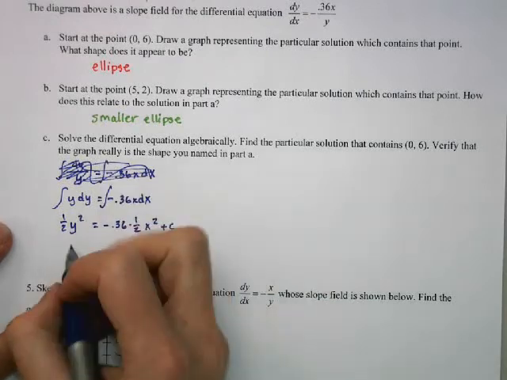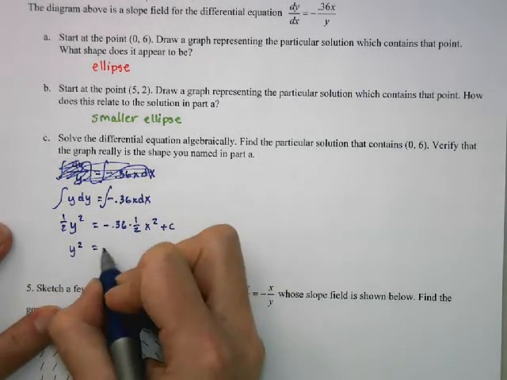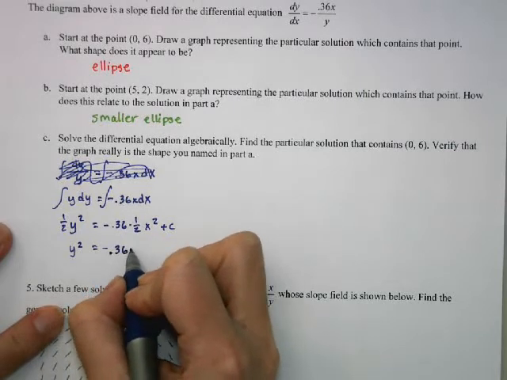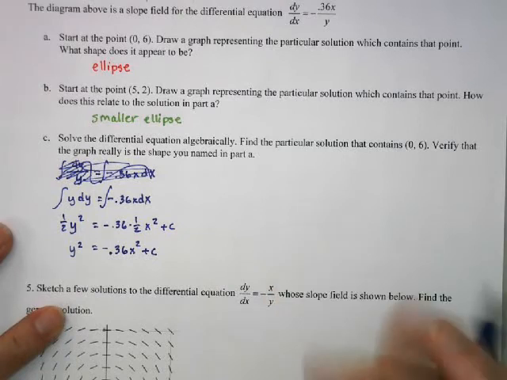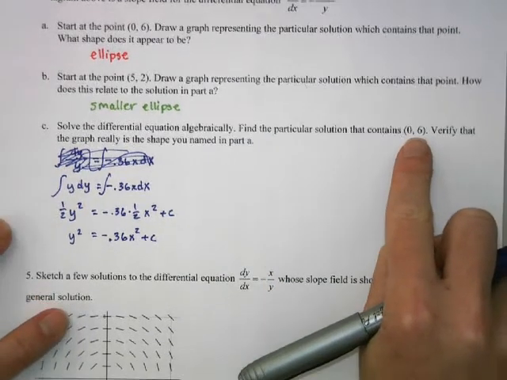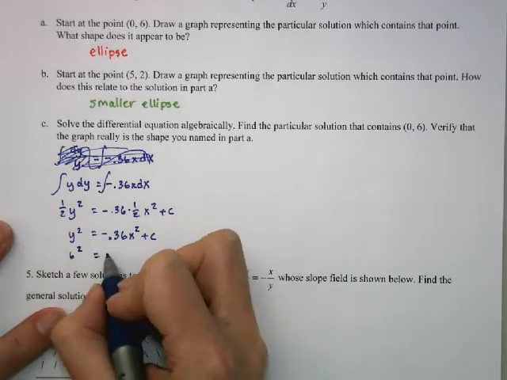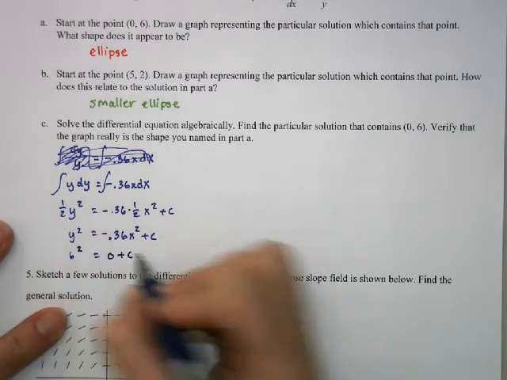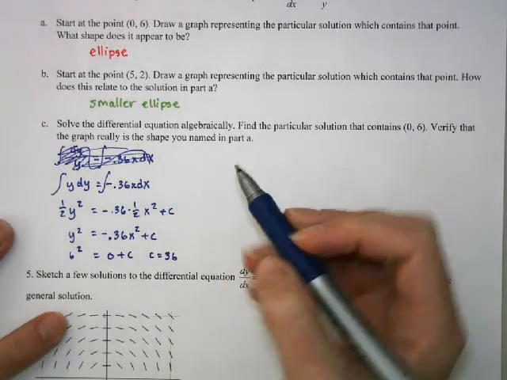So I can multiply by 2 to get rid of that 1/2. So y squared is equal to negative 0.36x squared plus c. So I'll go ahead and do the initial condition at this point. So 6 squared is going to equal 0 plus c. So my c is 36.